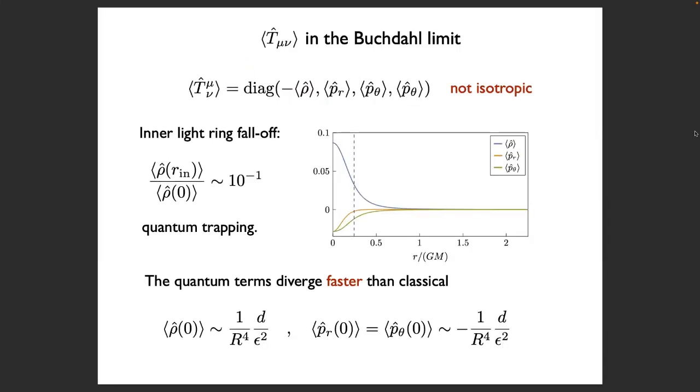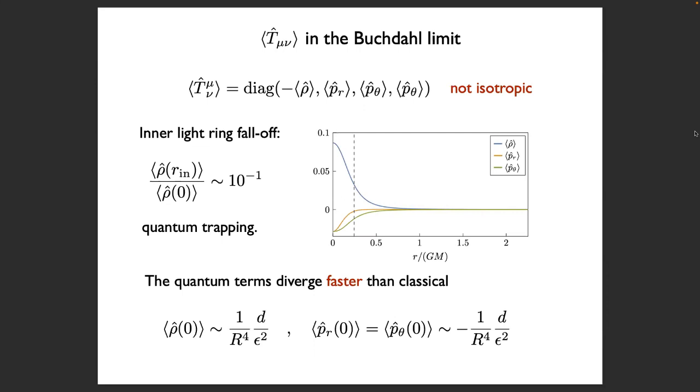You can just evaluate the formula that I showed you before, and you'll find a very simple object. It is, of course, diagonal, but it's not isotropic, so the pressures are not identical. And I'm plotting this thing here. In blue, you see the energy density, and in these other colors, you see the two different pressures.